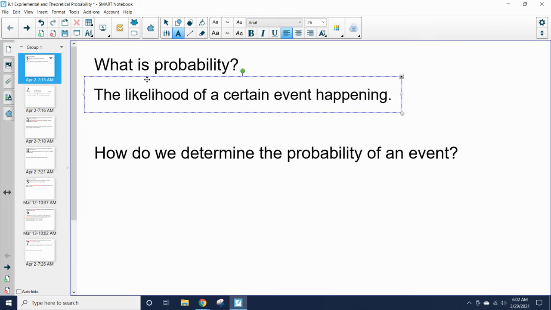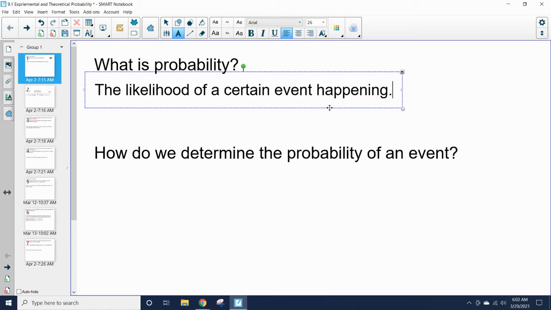So the likelihood of me flipping a coin and it landing on heads, the likelihood of me rolling this dice and it landing on a six, the likelihood of going outside and it raining. Those are all different things of probability.